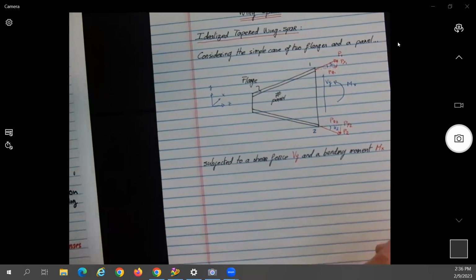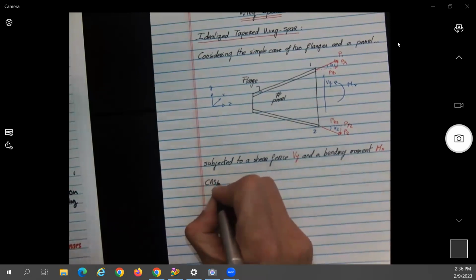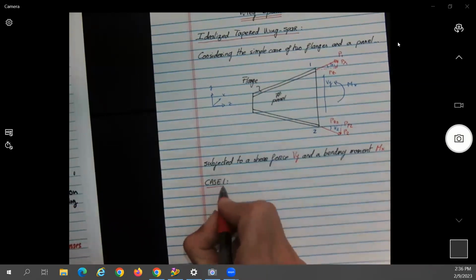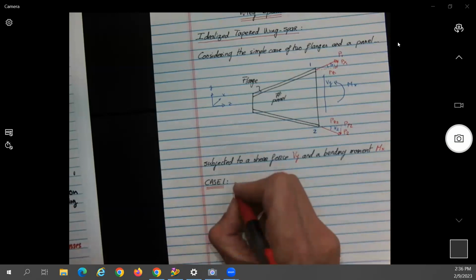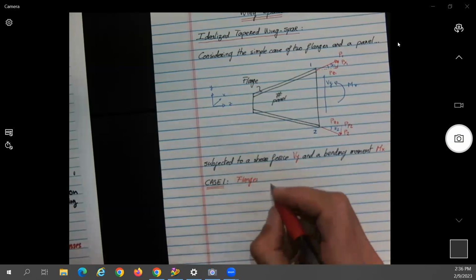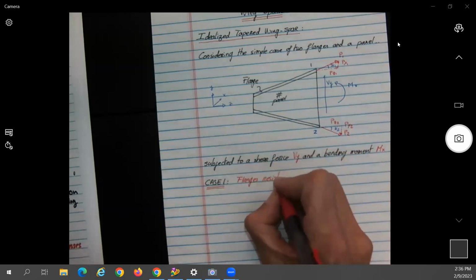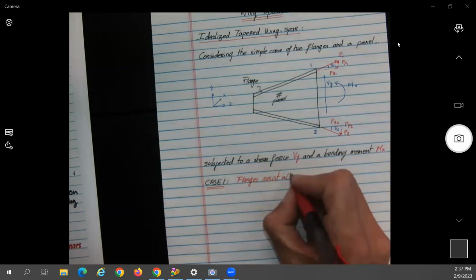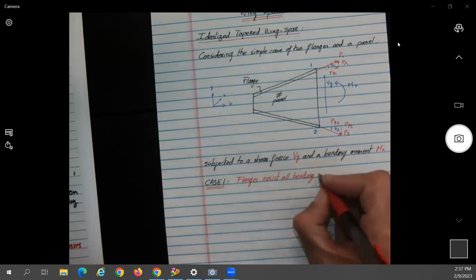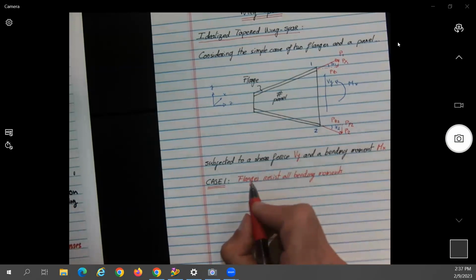Okay, so we're going to look at two different cases. Case one will be flanges, but the same thing as stiffeners, resist bending moments.